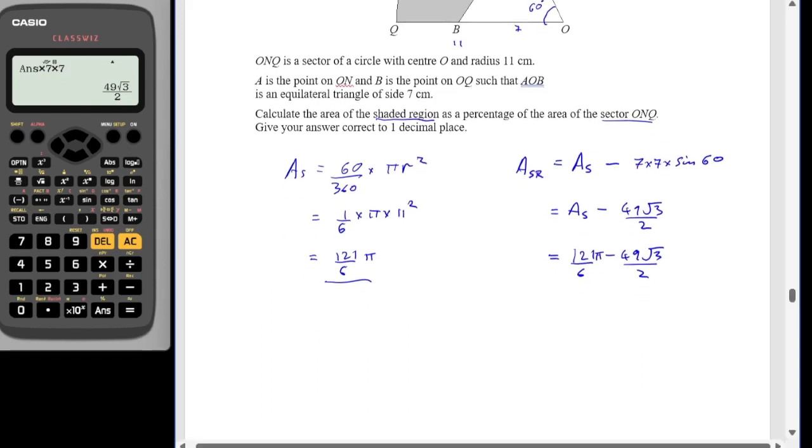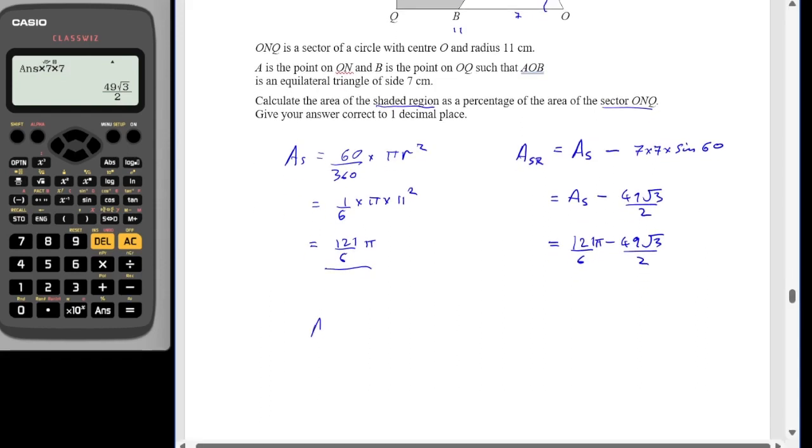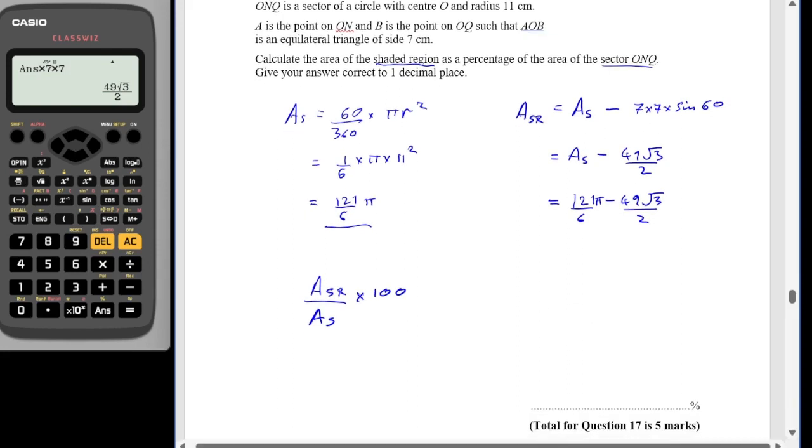So if we want the percentage, we're going to do the area of the shaded region divided by the area of the sector times by 100. I am going to do this on my calculator though. Right, so I'm going to say 121 pi divided by 6 is going to be equal to that. So I've got that as my answer.